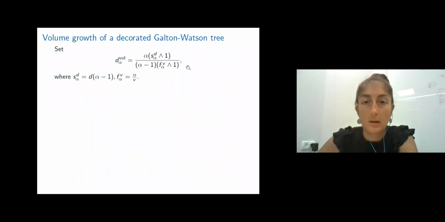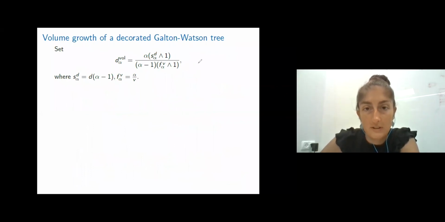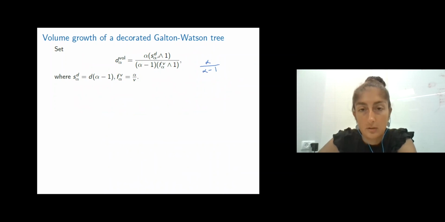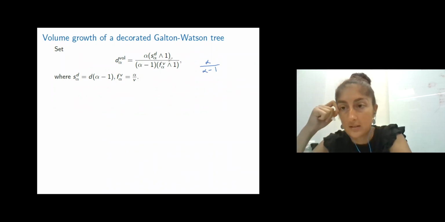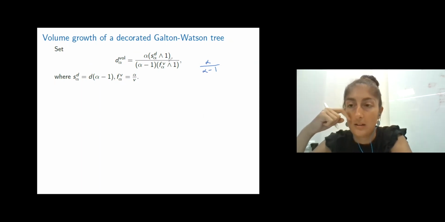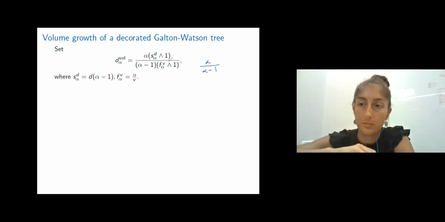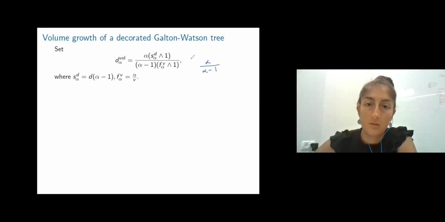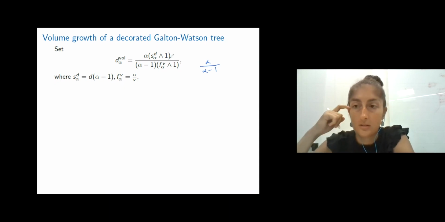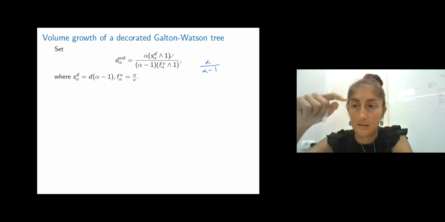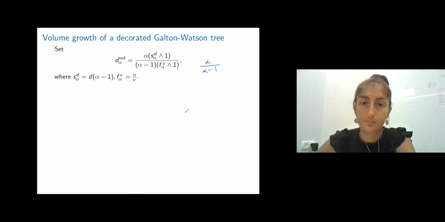But really, what's happening is that if you were to just look at the tree, well, we did just look at the tree, and we said that the exponent for the tree is alpha over alpha minus 1. So here, we've basically had to introduce these extra 2 factors which weight the exponent, and they reflect how distances add up differently along the backbone, which is the top factor, and how volumes add up differently inside the fragments that are attached.